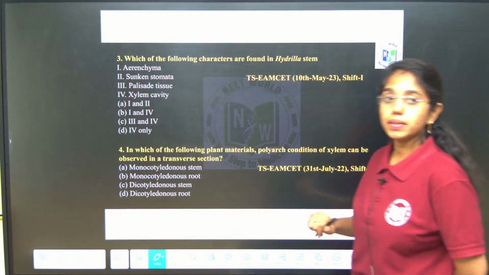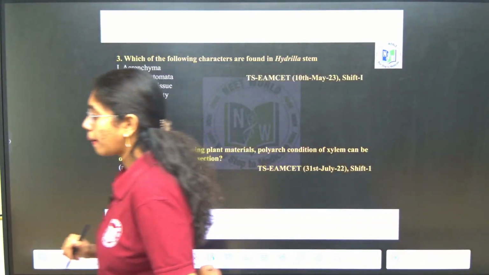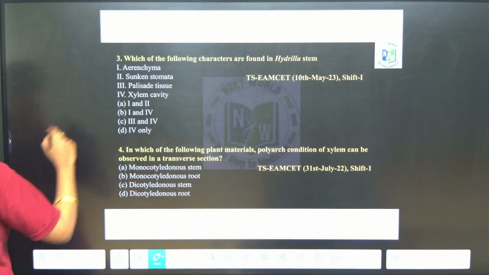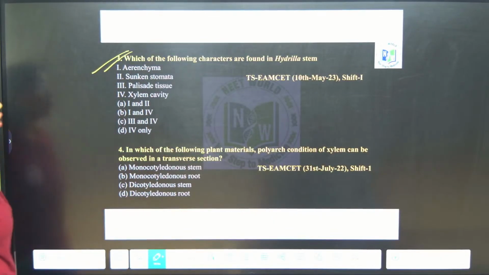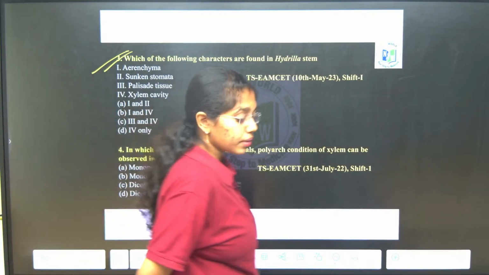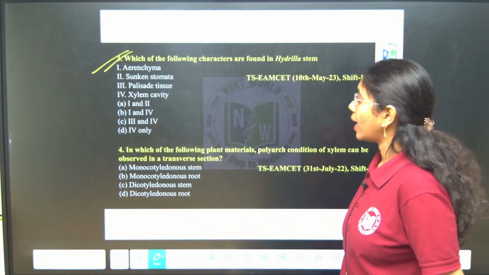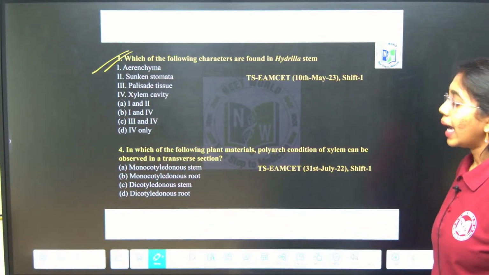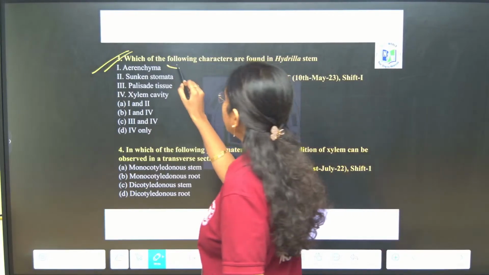Here you see third question. Which of the following characters are found in hydrilla stem? Hydrilla is what? A hydrophyte plant, right? Okay, aquatic plant or hydrophyte. Parenchyma is present which helps in buoyancy.